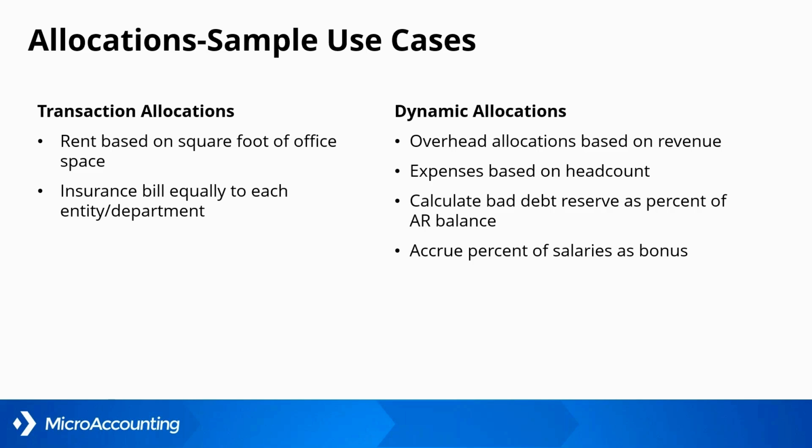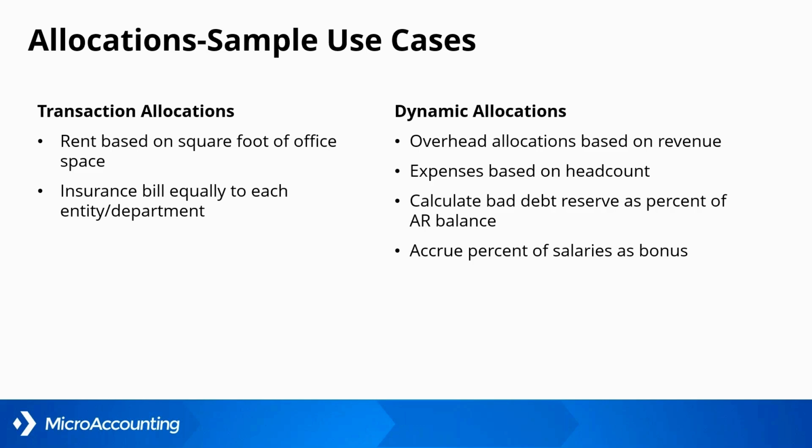So you want to take 10% of your revenue and calculate that and put that as a bad debt reserve. So you can do those types of calculations as well. So it's not just, in air quotes, a traditional allocation of money that's already out there in your financials. You can accrue balances and set balances up by creating those different calculations.